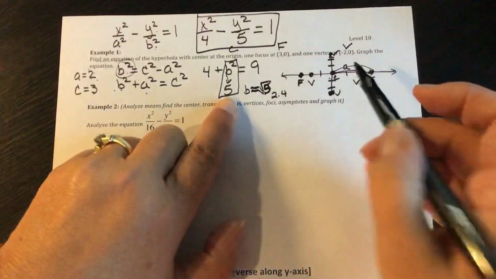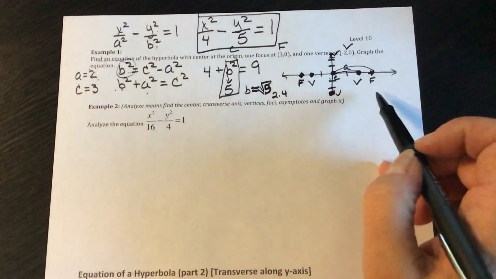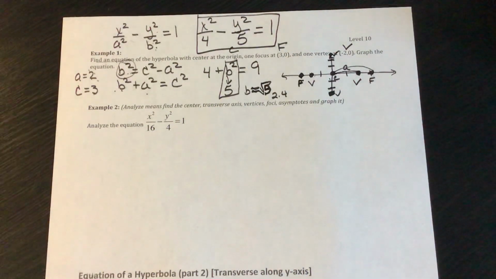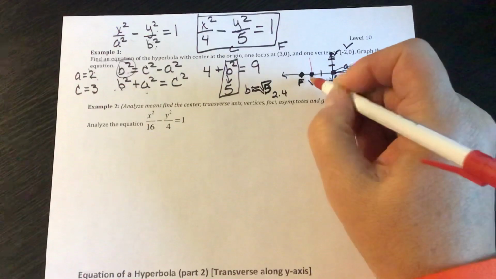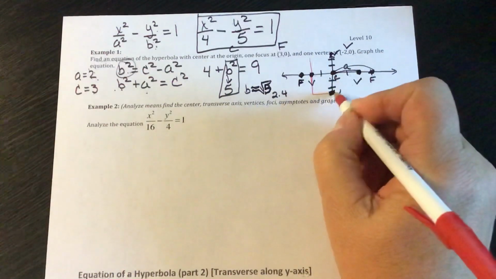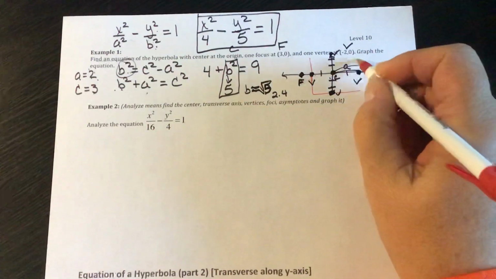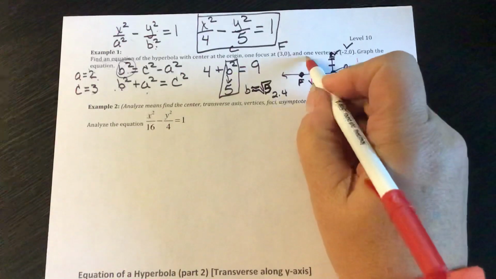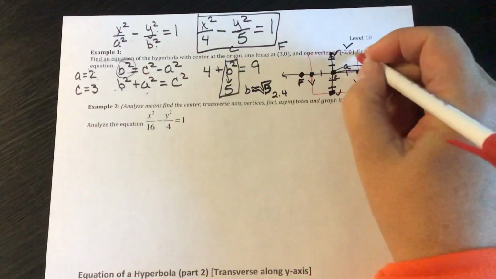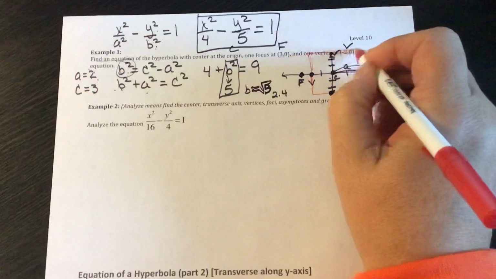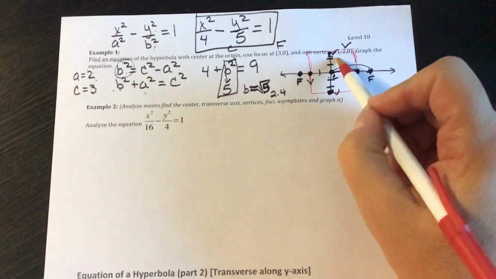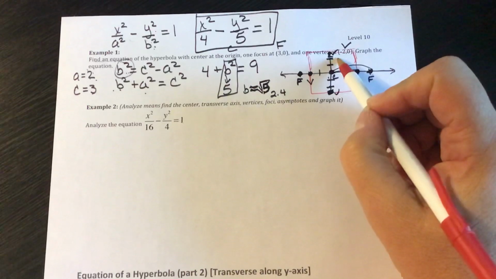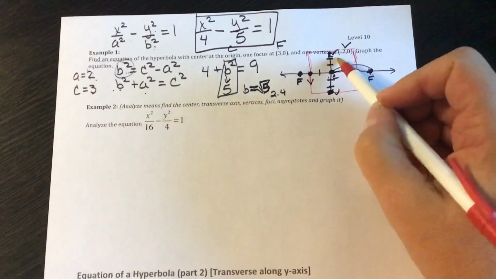Now to complete my graph, the easiest way to get your slant asymptotes is to draw a box around the four vertices, the two that are on the transverse axes, and then the other two that are not really so important in terms of the graph, but they do help us to draw in our slant asymptotes.